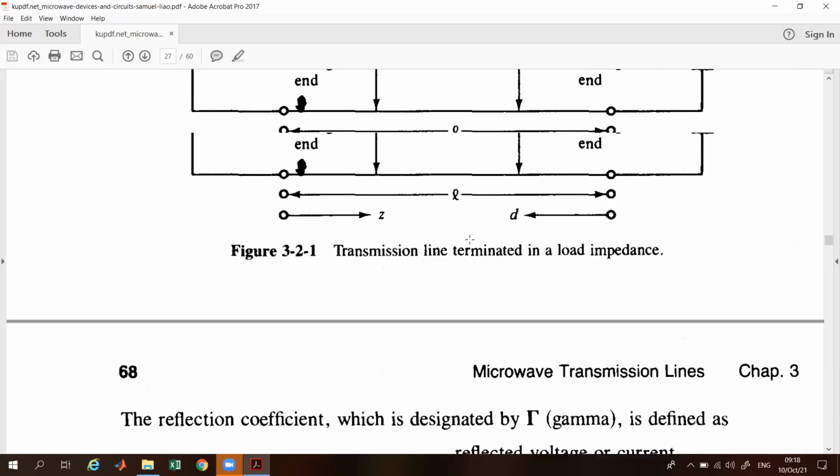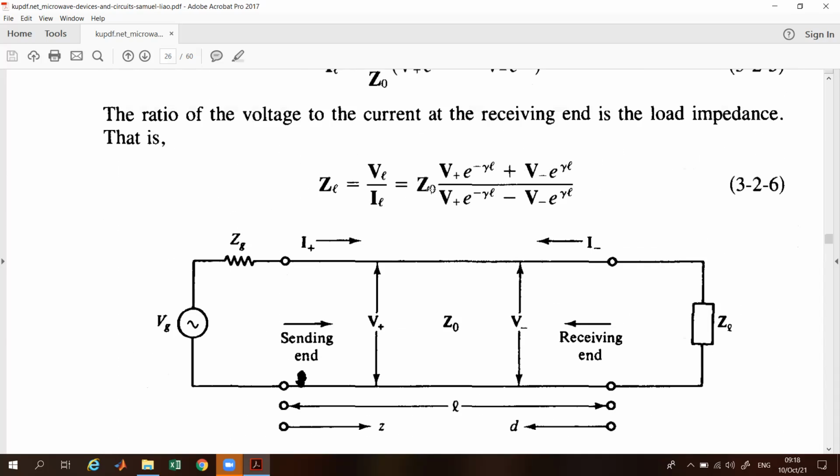There's also a direct way of doing this. Take ZL divided by Z naught, and add 1 in the numerator and denominator, or you can say ZL divided by Z naught plus 1. When you take the LCM, these two terms will cancel out, and you will have twice V plus e raised to the power minus gamma L left in the numerator.